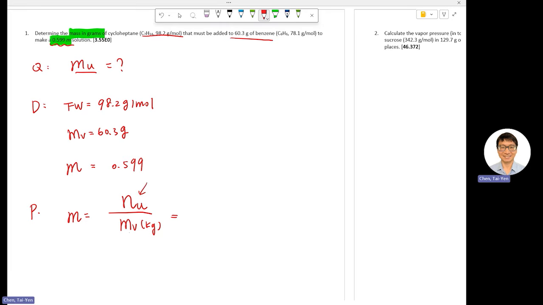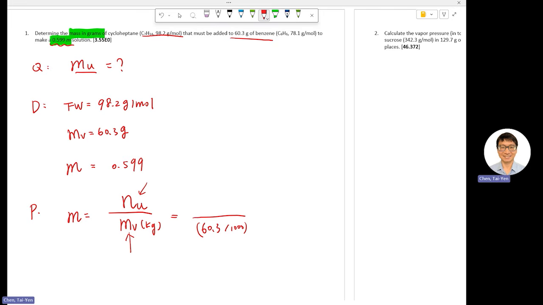Do you have the mass of solvent? Yes, you do. Therefore, you can at least plug in 60.3 grams, divided by 1,000, so it becomes kilograms.